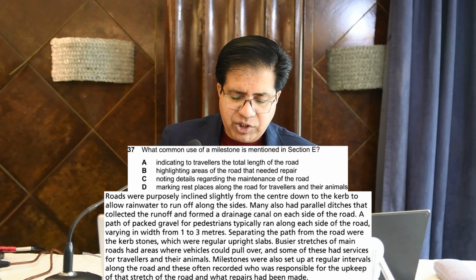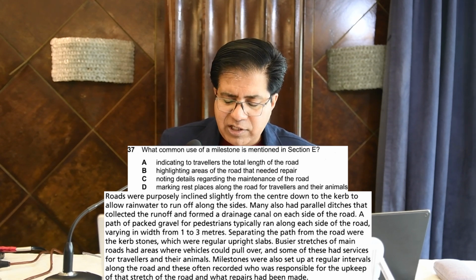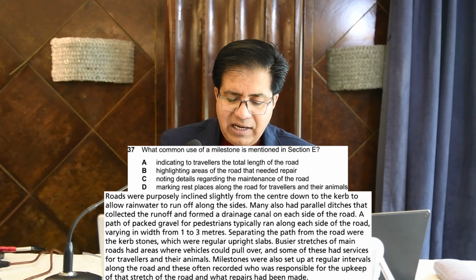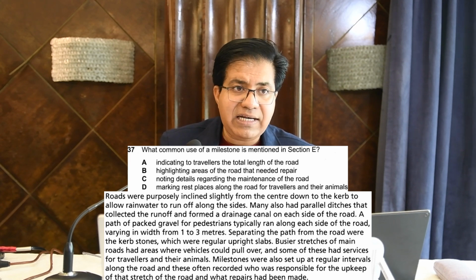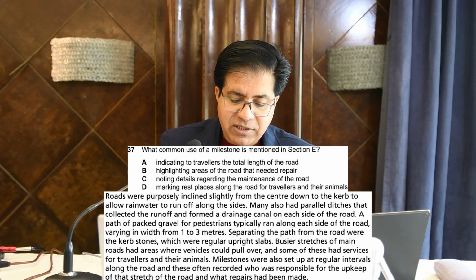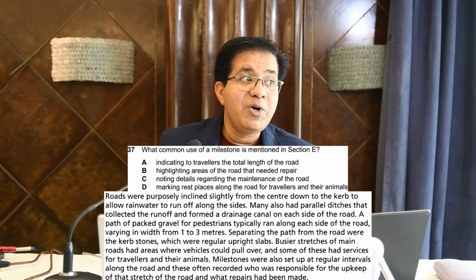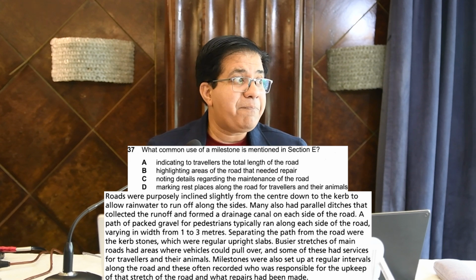Now come back to the question. What common use of milestone is mentioned in section E? Option A, indicating to travelers the total length of the road? No. Option B, highlighting areas of the road that needed repair? No. Option C, noting details regarding the maintenance of the road. For maintenance, they use the word upkeep.